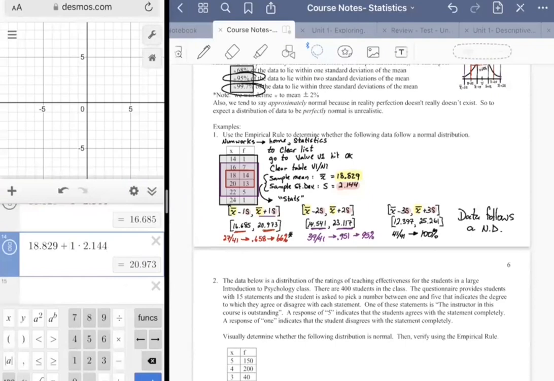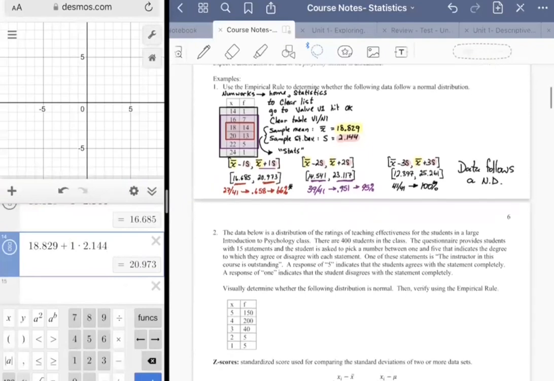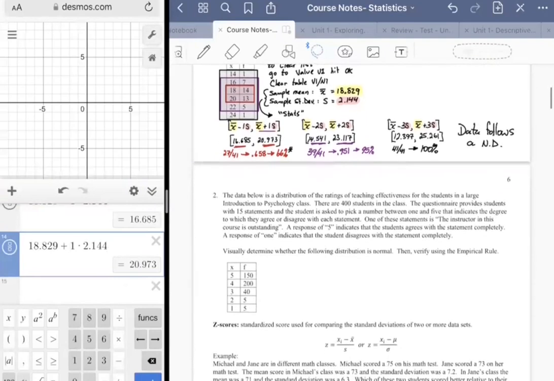All right. But the next example talks about really the same thing, but now it gives you a little bit of context. Data below is a distribution of the ratings of teaching effectiveness for the students in a large introduction to psychology class. There are 400 students in the class.